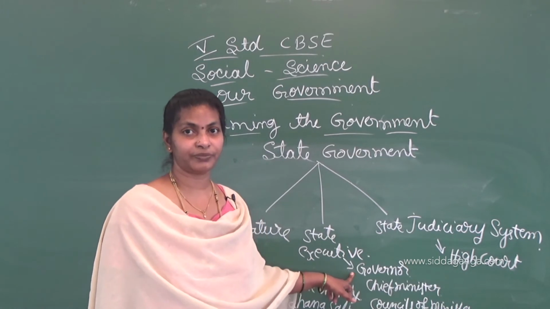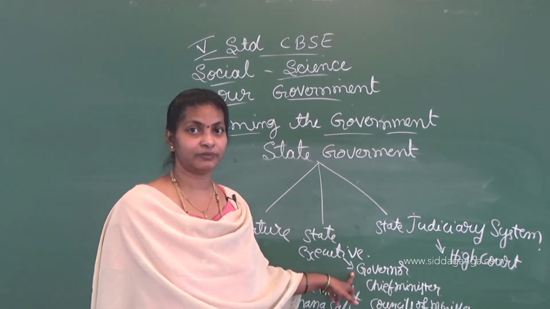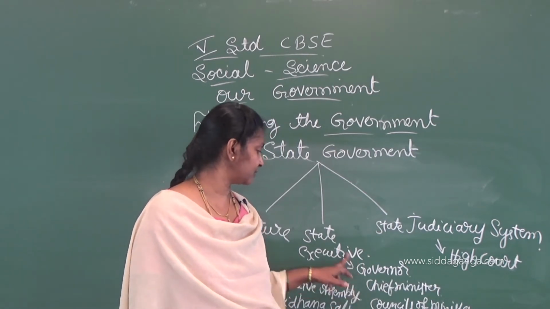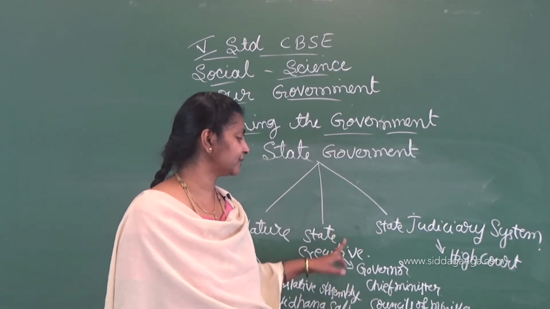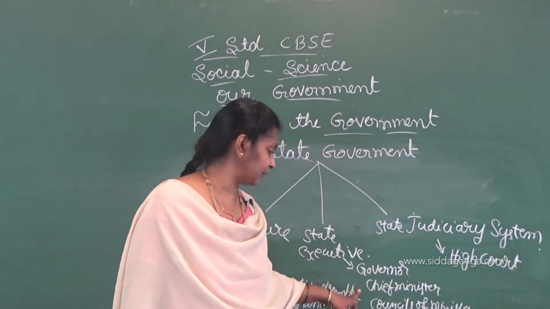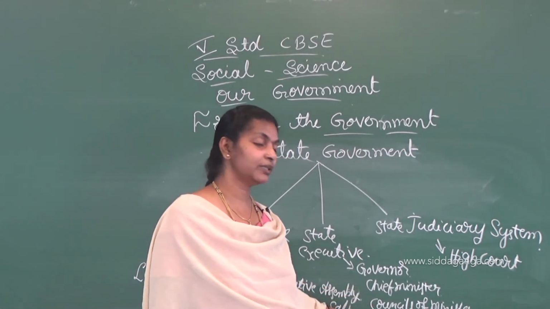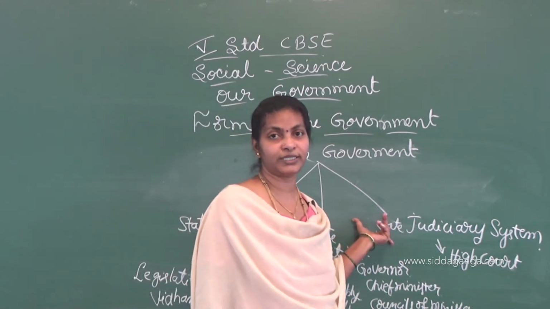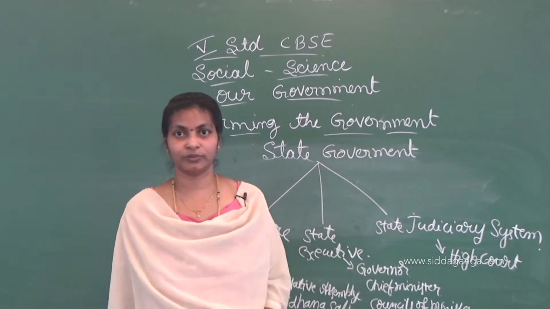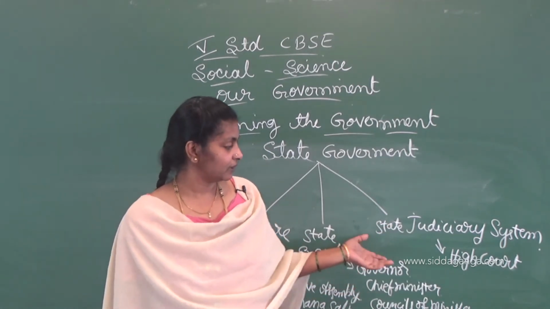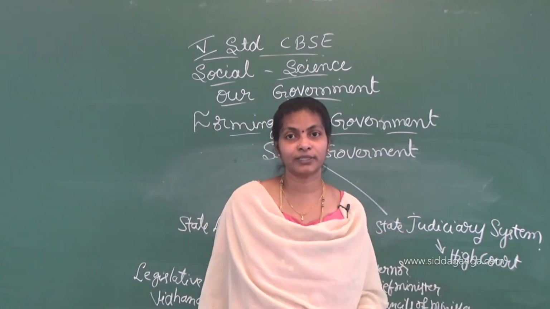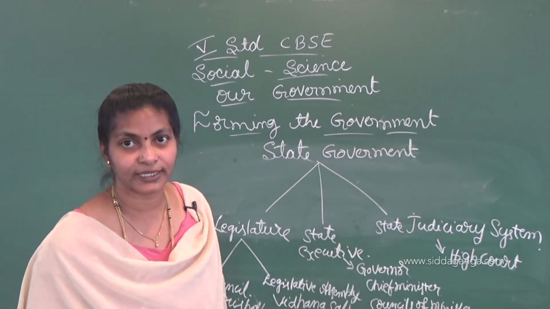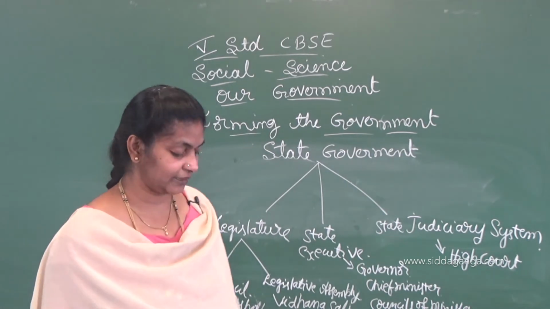He is the head of the state and the first citizen of that state. The state executive consists of the governor, chief minister and council of ministers. Next, the state judiciary system means the High Court, which is one of the highest courts in the state. In this way, the state government exercises its power through these three wings.